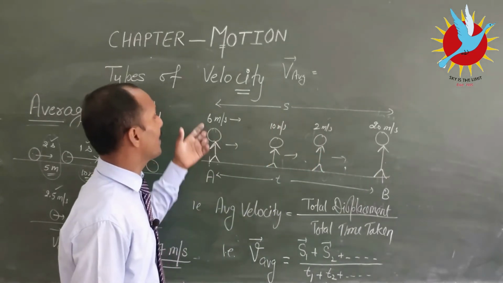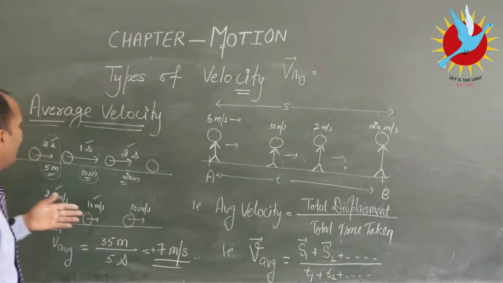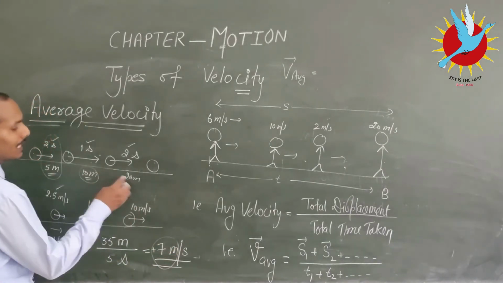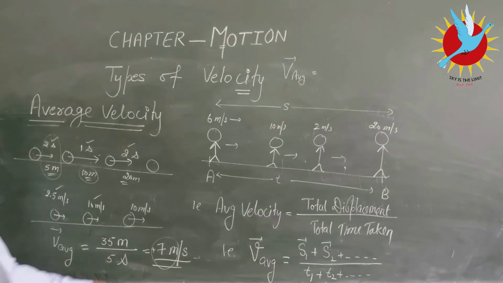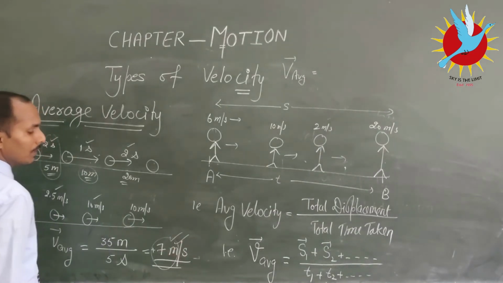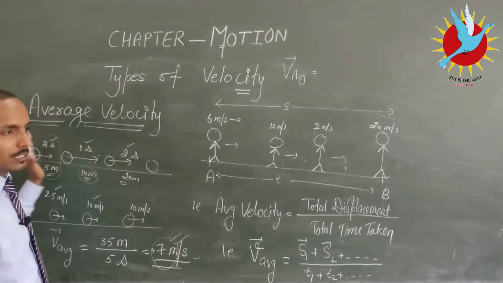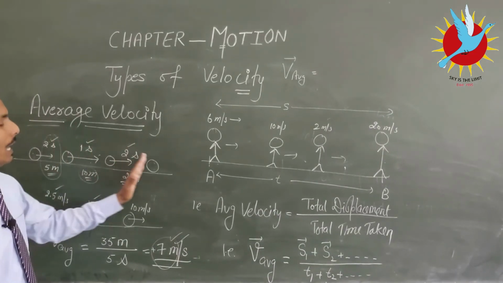Similarly, average speed gives you an idea of the speed at which it moves to cover the same distance in the same time. If it moves 7 meters in every 1 second, then it covers the same distance in the same time.